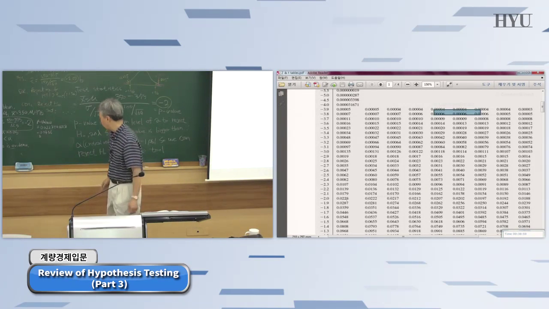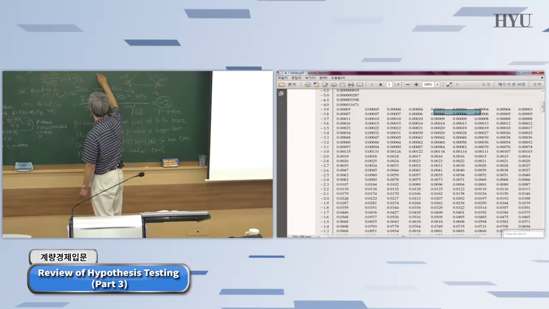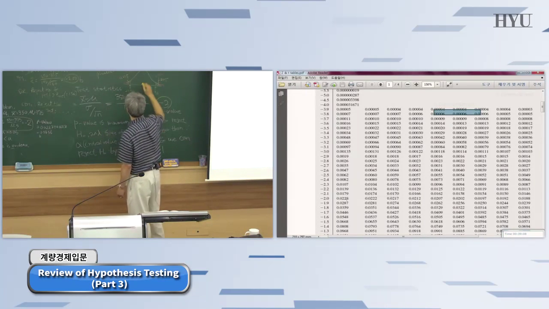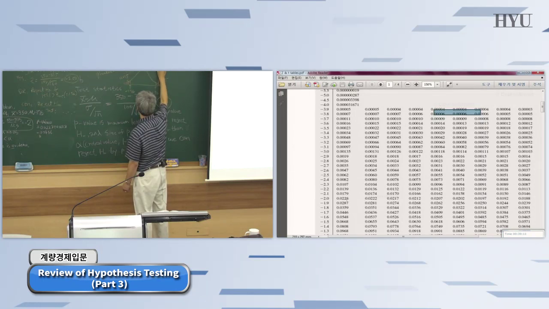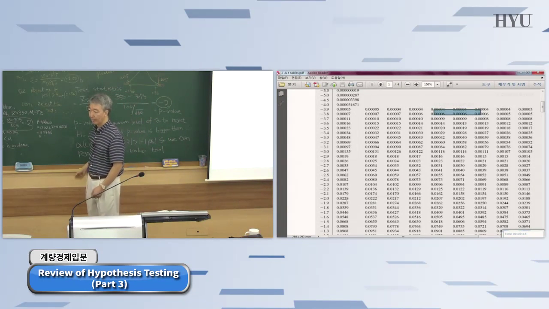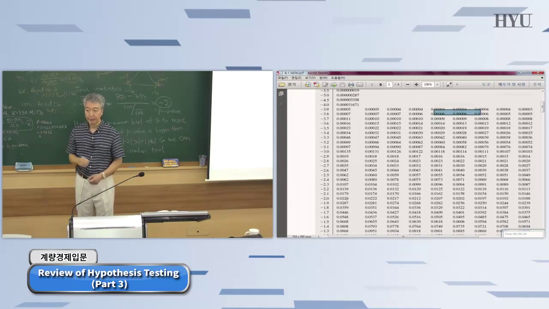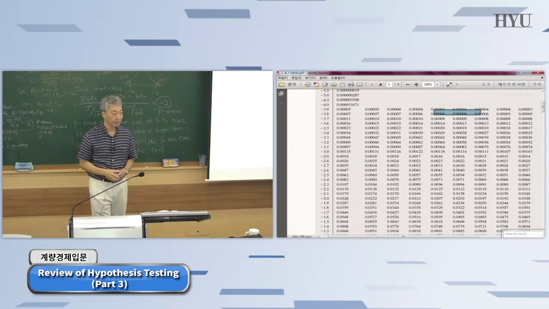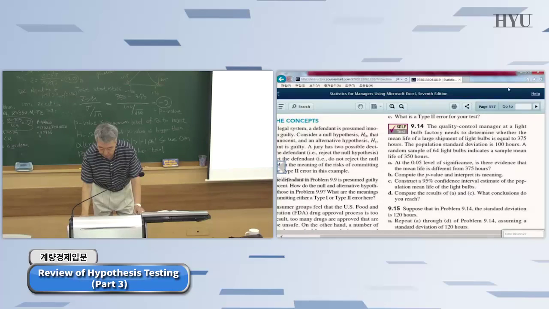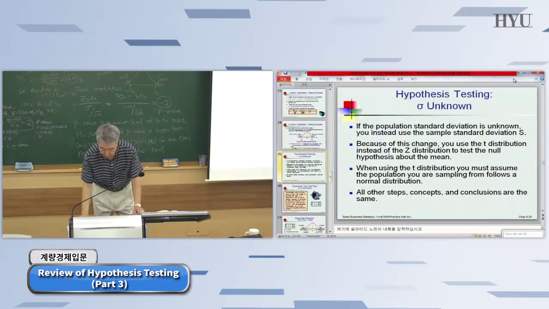So the p-value is 0.0228 times 2, which is 0.0456. We did that in the previous example. Question, can you do this? I hope you can do this. All right, so that was the example of how to do this.